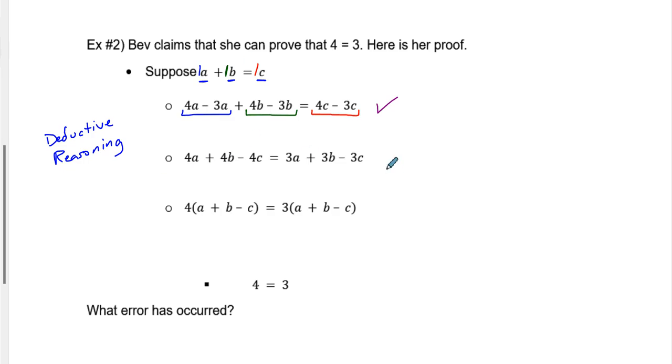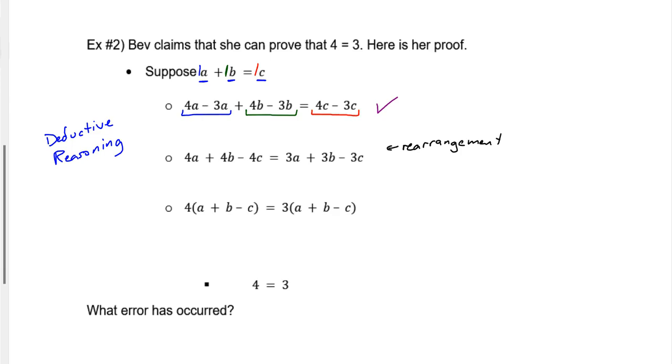Now what happened in our next step is that Beth would have done a rearrangement. You'll see how she moved all of our letters that had the 4, our coefficient of 4 in front, to the left, and anything that had a 3, they all got moved to the right.